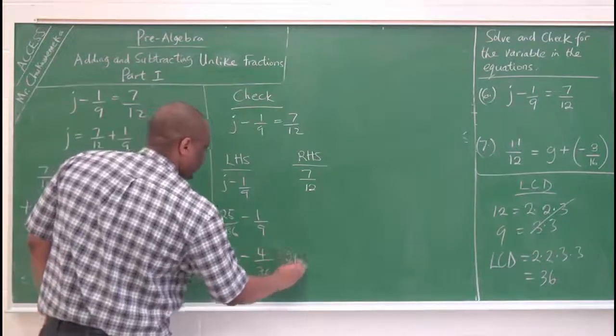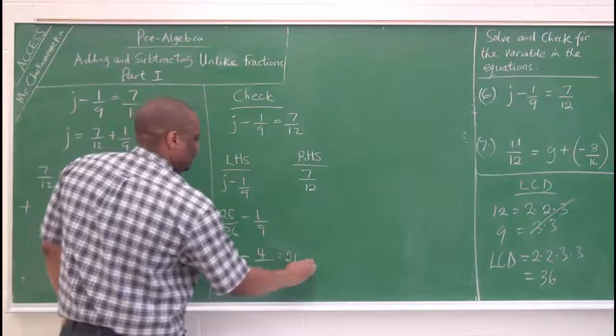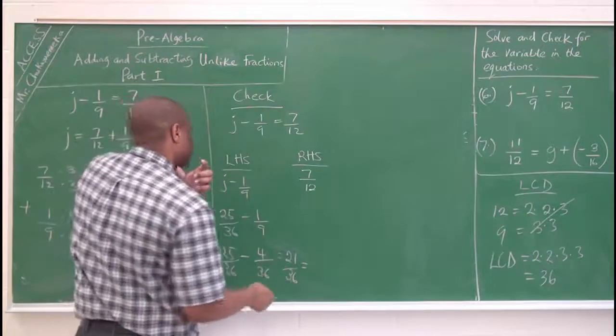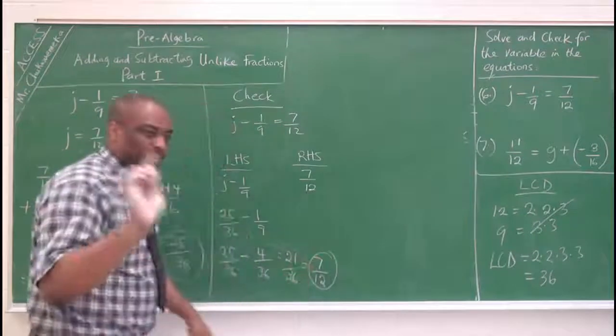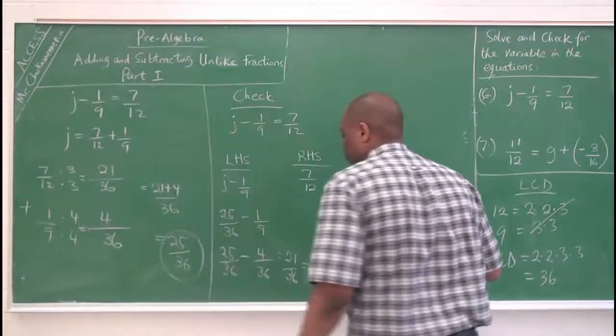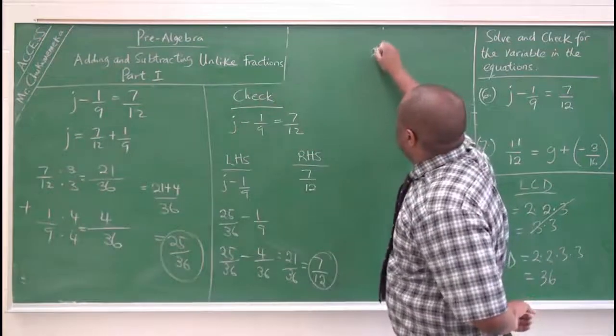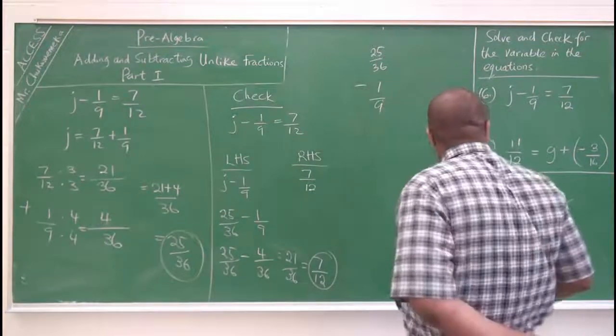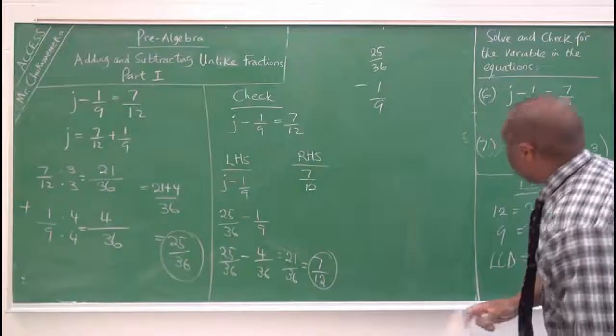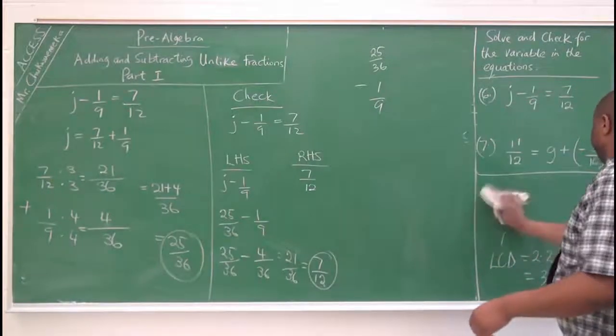And this will be 21 over 36. And 3 can divide: 3 into 21 is 7, 3 into 36 is 12. But for the sake of completeness, let me do that. 25 over 36 minus 1 over 9. LCD of 36 and 9.